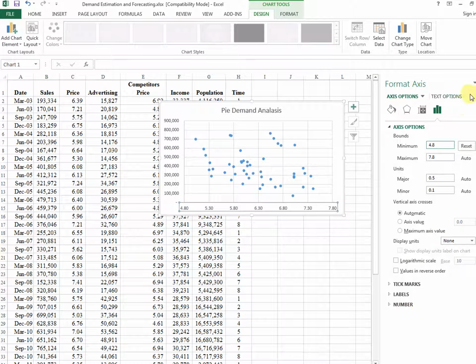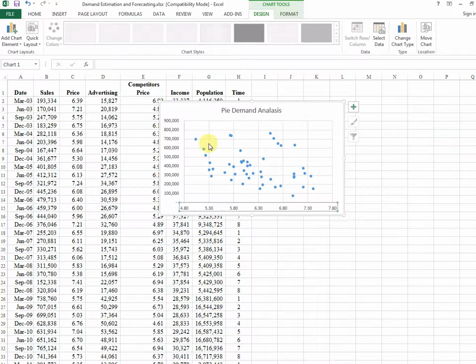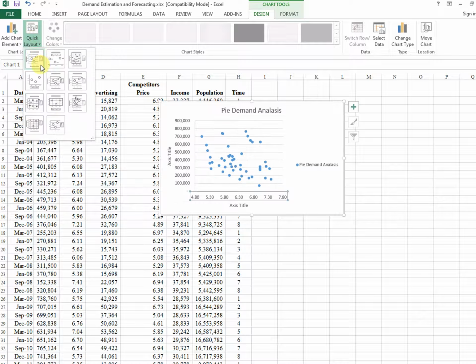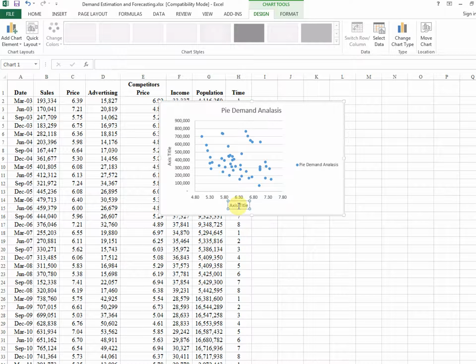Now I can see the relationship is negative, which means as the price goes up, consumption, which is the demand, goes down. So let me put the labels first. Design, quick layout. So we put, which one is better? Pie demand. So let's put the axis titles here.